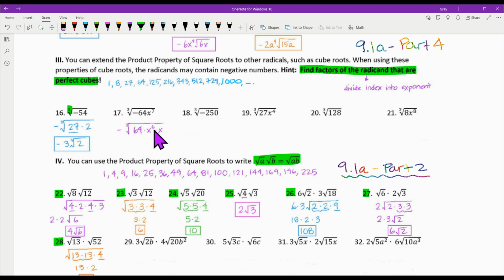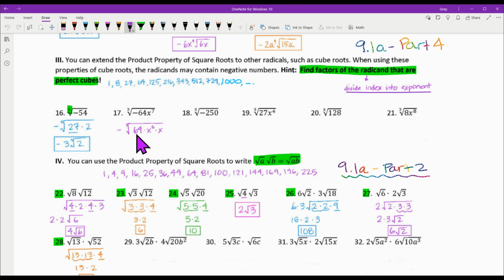But this time, because I'm dividing the index into the exponent, think of your multiples of 3. 3, 6, and 6 is less than 7. That leaves me with 1 left over, because x to the 6th times x is x to the 7th.